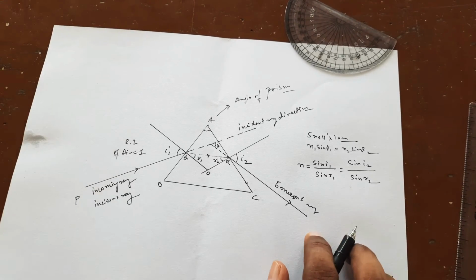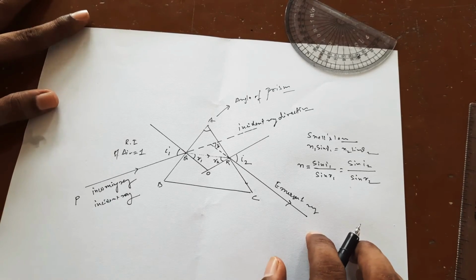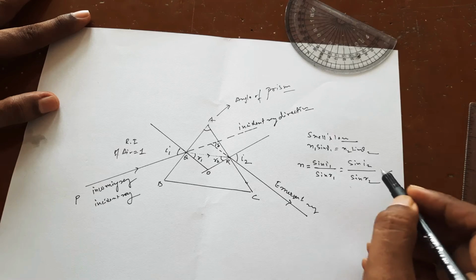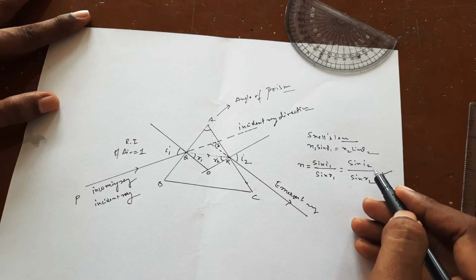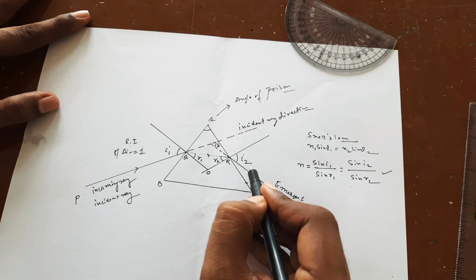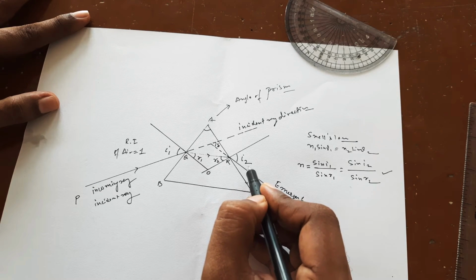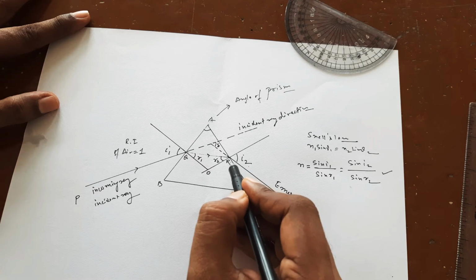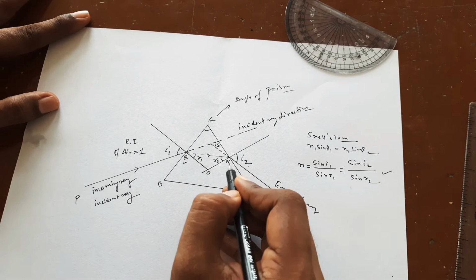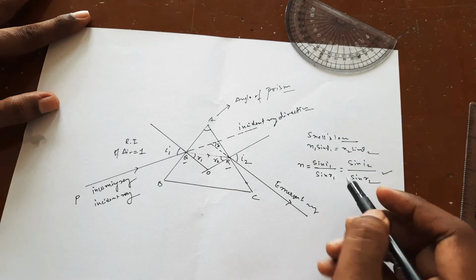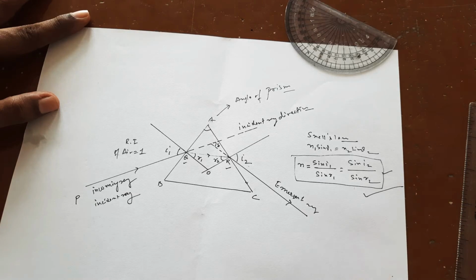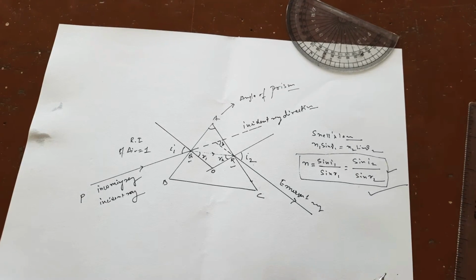This is the expression, and only to get the familiar expression, like I1 and I2 should be in the numerator, I chose this one as I2, although it is the angle of emergence, or the angle of refraction at the point R. But if you use Snell's law at the point Q and at the point R, you will find that this expression is right. So right now I'm leaving it.